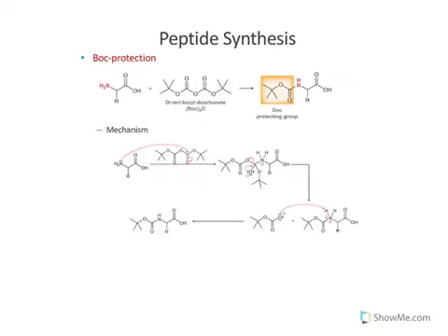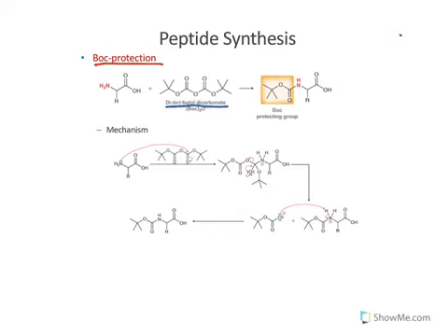Now, what are the methods by which we can do protection of either the amine or the carboxylic acid? There are two methods by which we can protect amine. We can use what is commonly called the BOC protection. In the BOC protection, we use di-tert-butyl dicarbonate.